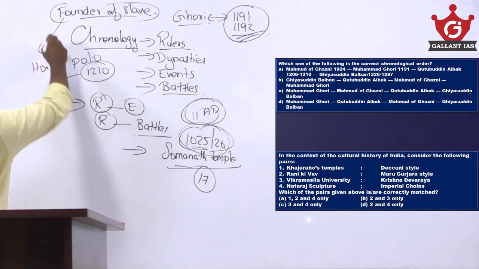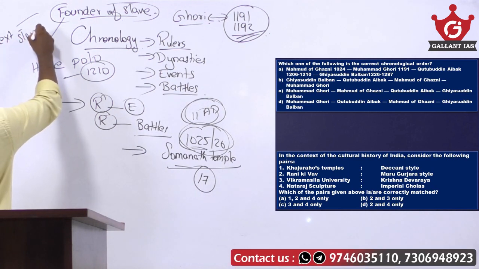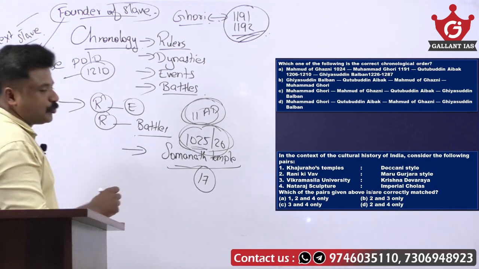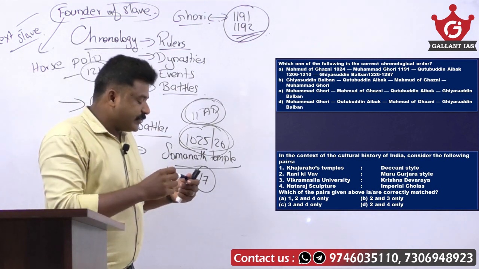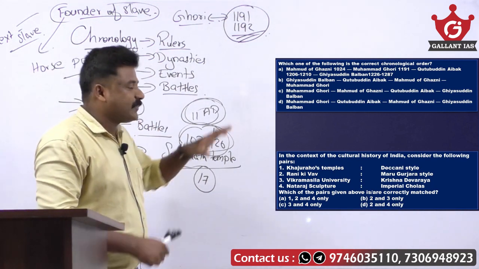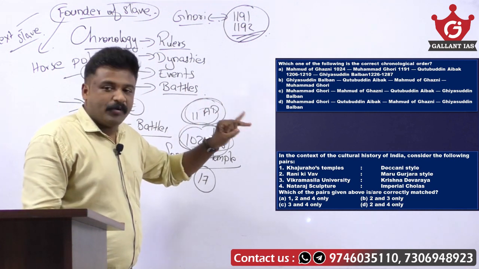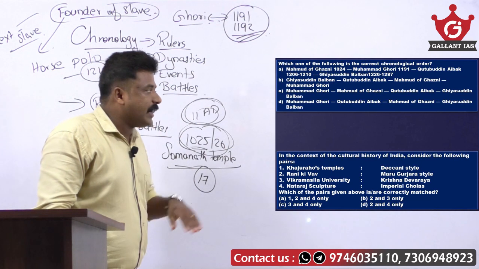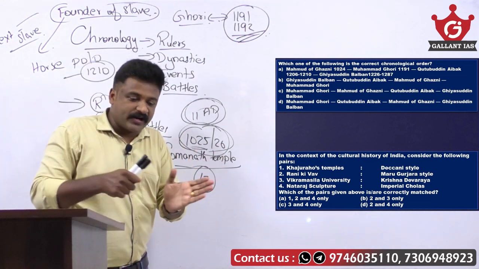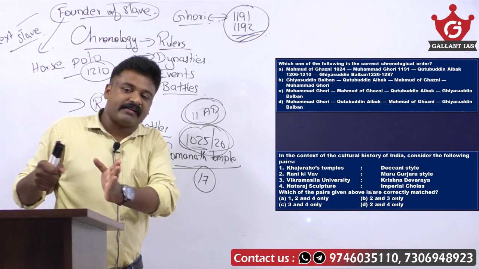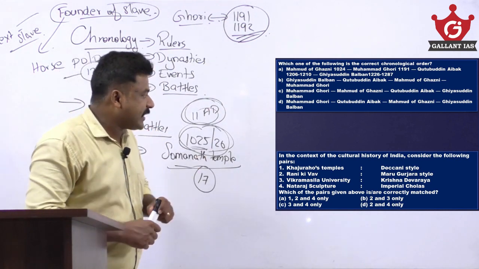I know that Balban is the next important ruler of the Slave dynasty, so he will come only after Qutbuddin Aibak. So my order has to be Mahmud of Ghazni first, followed by Muhammad Ghori, then Qutbuddin Aibak, and finally Balban. This is the way you can connect rulers or dynasties with their contemporary events and answer chronology questions. Here A is your answer.